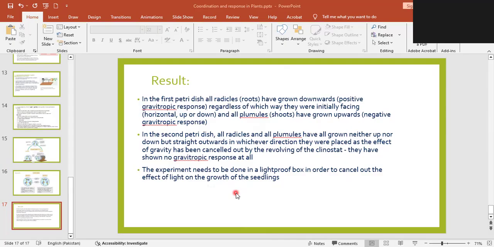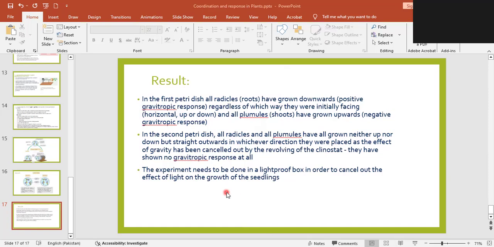Yes, we are studying the light and the gravity on the seedlings, but what we did here was allow the study of gravitropism by keeping the light away, so it will be easier for us to see whether the seed has shown negative gravitropism or positive gravitropism.